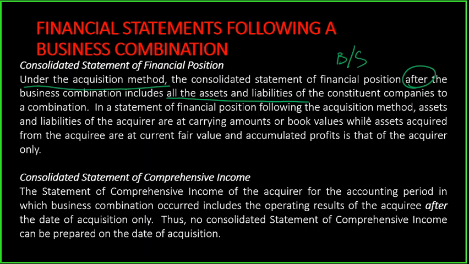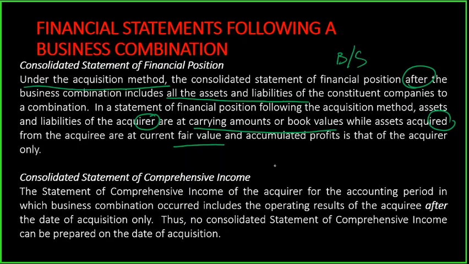Okay? And, let's read this. In a statement of financial position following the acquisition method, assets and liabilities of the acquirer are at carrying amounts or book values, while assets acquired from the acquiree will be at their fair market value. Okay?